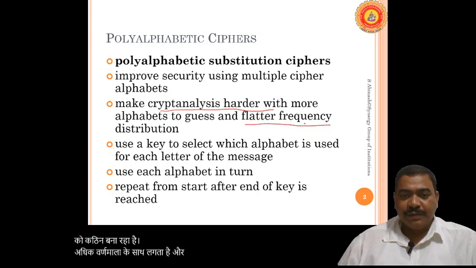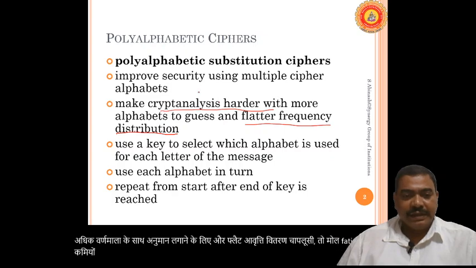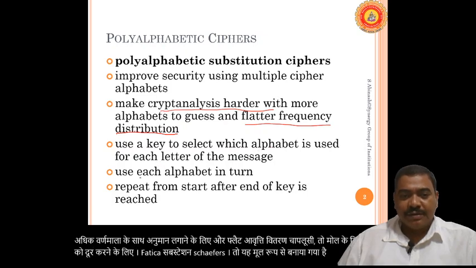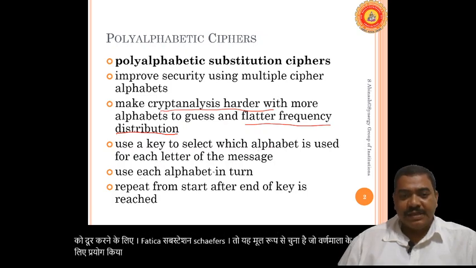So to overcome the drawbacks of monoalphabetic substitution ciphers, this is designed. Use a key to select which alphabet is used for each letter of the message, and use each alphabet in turn and repeat from the start when the end of the key is reached.